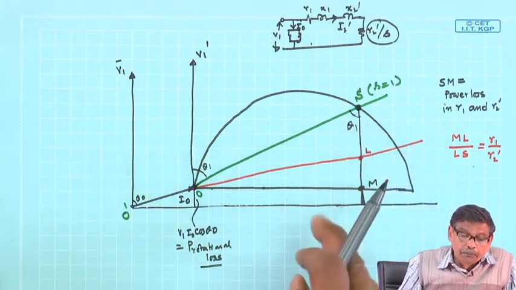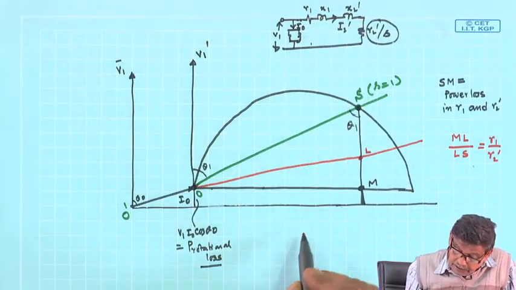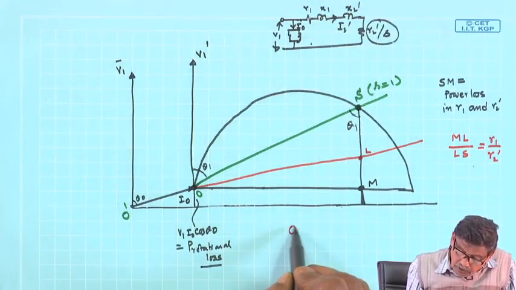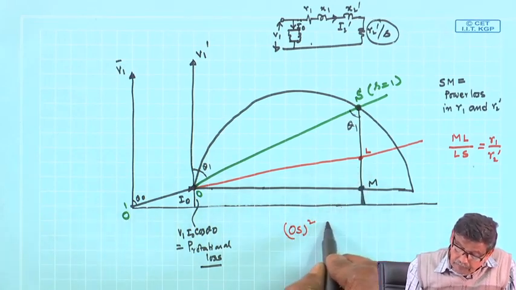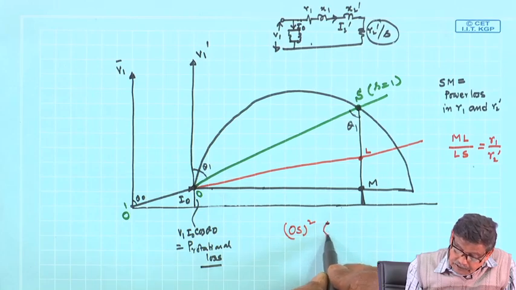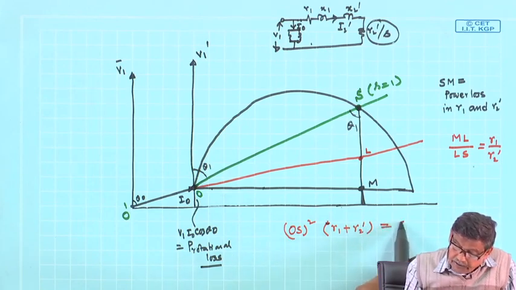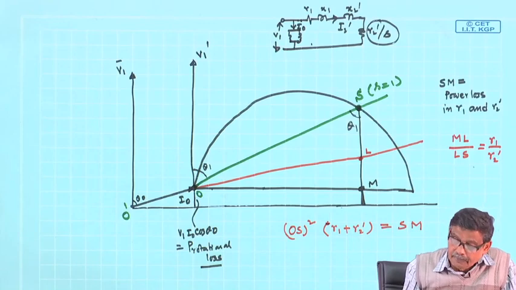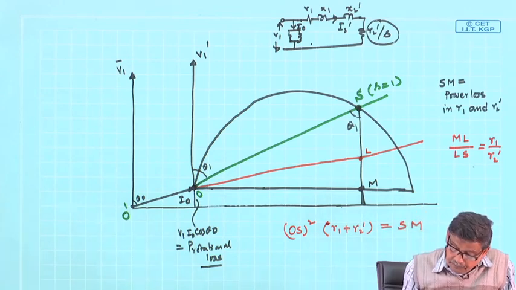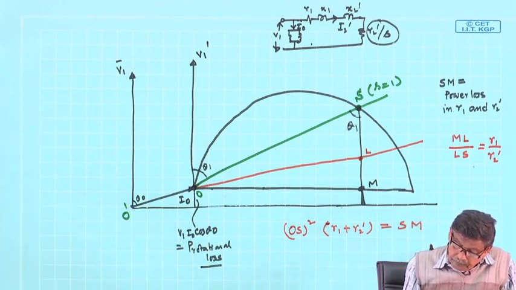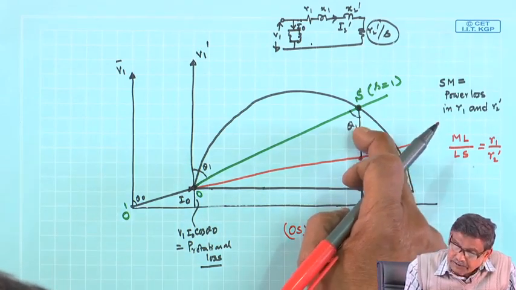So, the total input power to this branch is OS square, this length square, into R1 plus R2 dashed, and that is equal to Sm, because there is no mechanical power output at slip equal to 1. And I have divided this line in the ratio R1 is to R2 dashed.